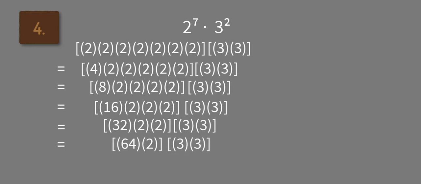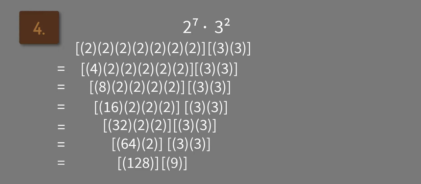So 64 times 2 times 3 times 3, which equals 128 times 3 times 3. Now this gets a little more complicated because we have 128 times 3 times 3. But if you simplify it, since multiplication, it doesn't matter what order you go in if it's all multiplication. Let's go ahead and write this out as 128 times 9.